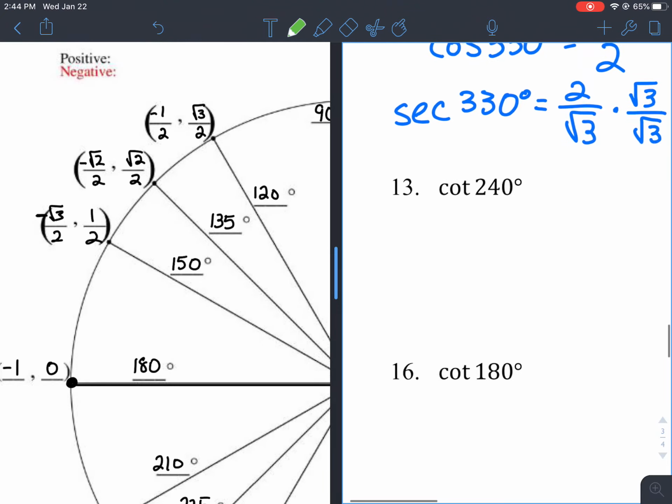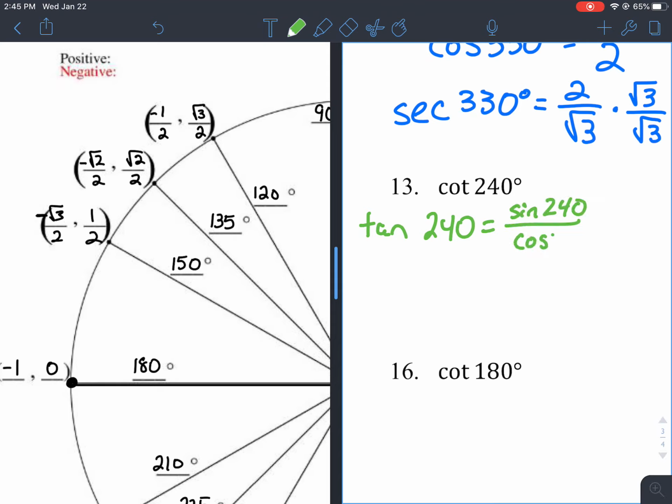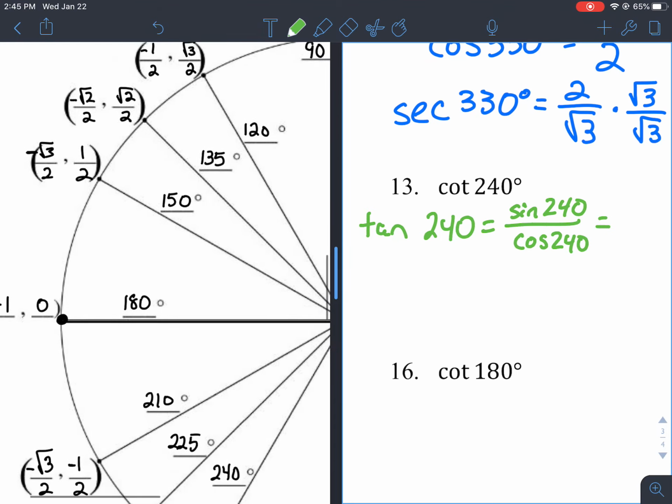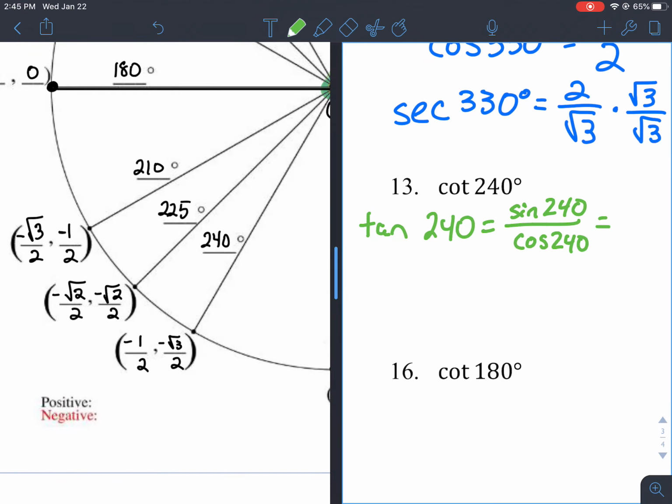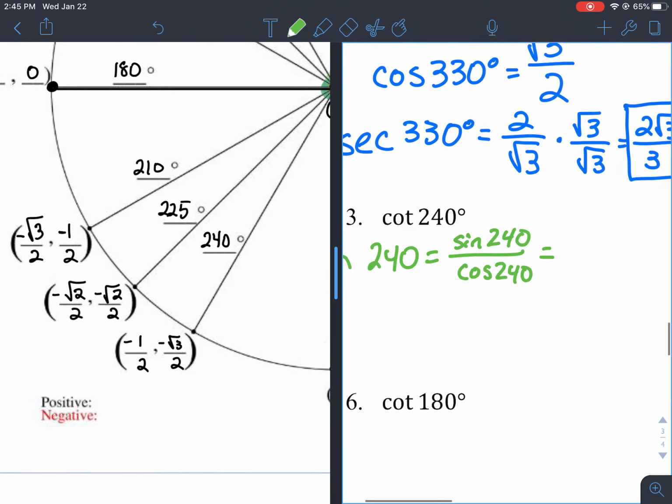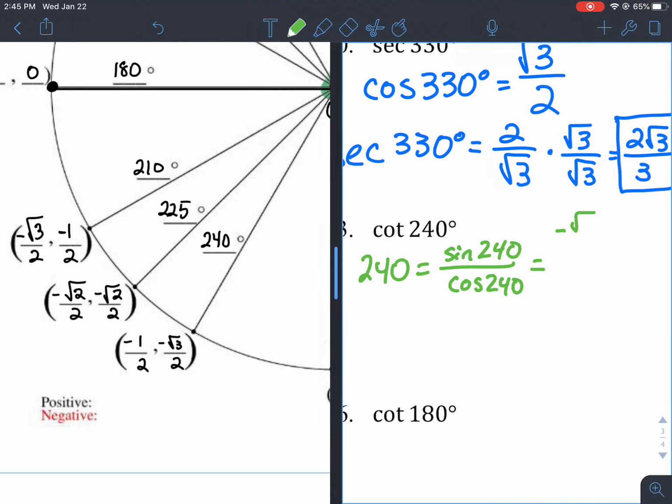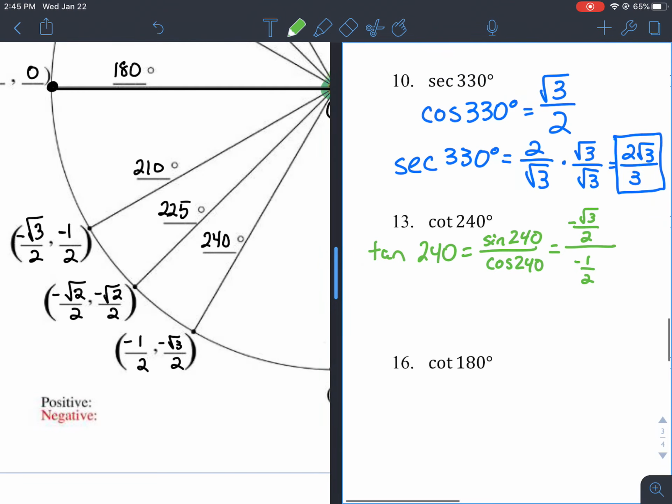Cotangent at 240. So the first thing I want to do is find the tangent at 240. So that's going to be the sine of 240 over the cosine of 240. And at 240 degrees, the sine is negative root 3 over 2. The cosine is negative 1 over 2.